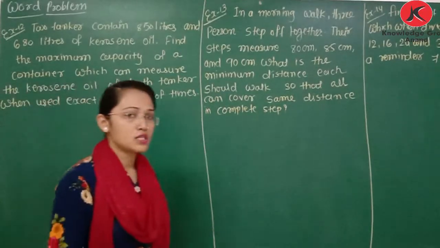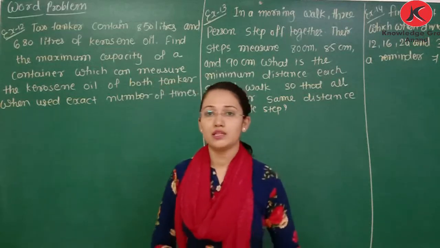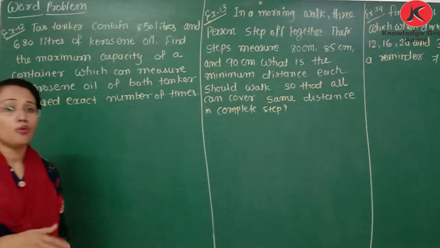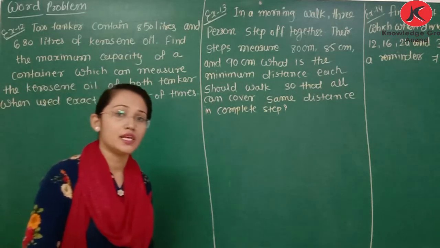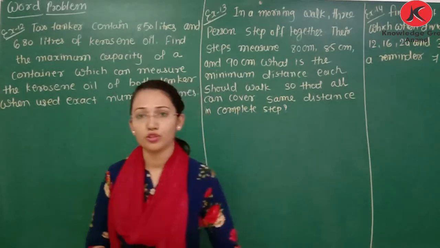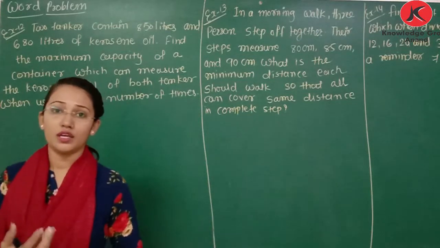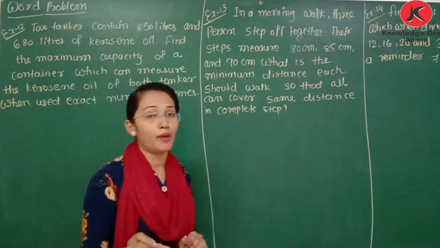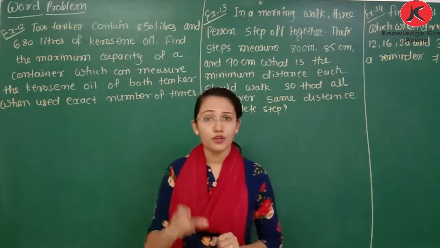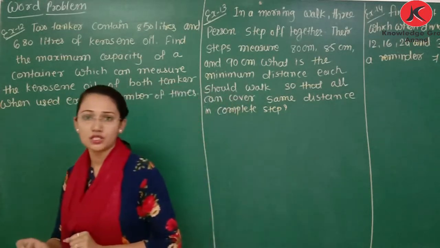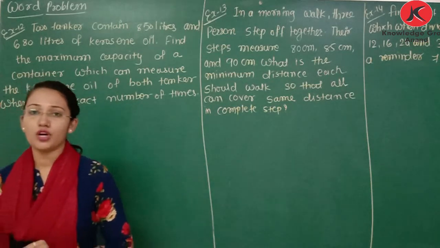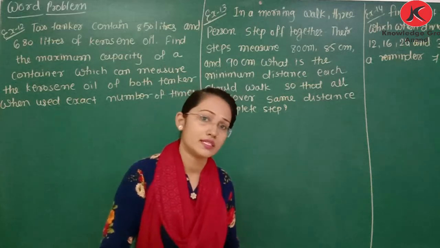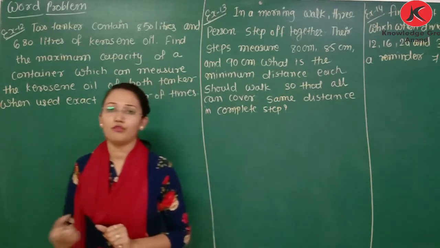Now we will solve some word problems related to LCM and HCF. Okay, if a word problem is given, then how can you decide that we need to find LCM or HCF? Word problem આપ્યા હોય તો તમને કેવી રીતે ડિસાઇડ કરશો કે here we need to find LCM or HCF? For that you need to find out the word. If it is maximum, largest or highest, આવા કોઈ word હોય, it means it is about the HCF, highest common factor.